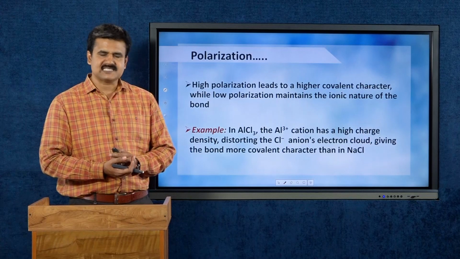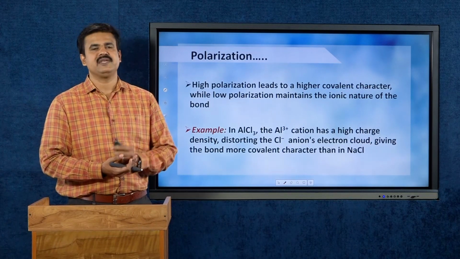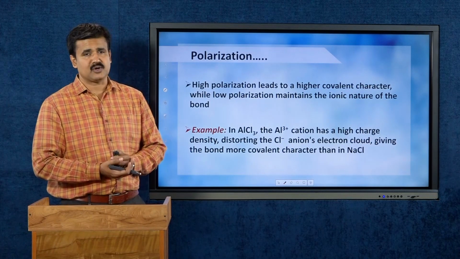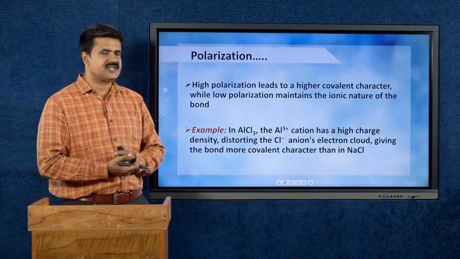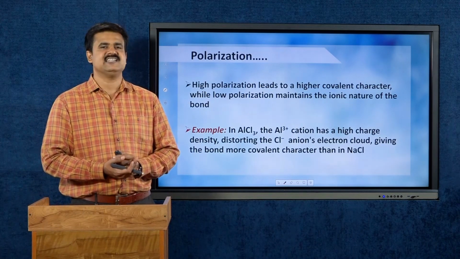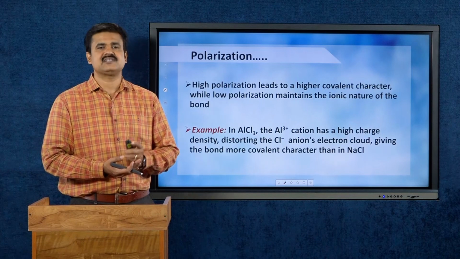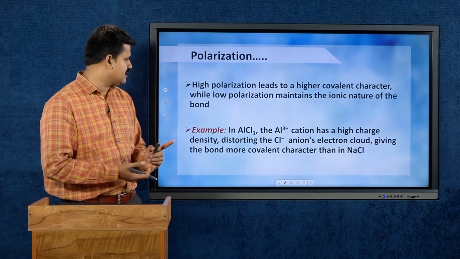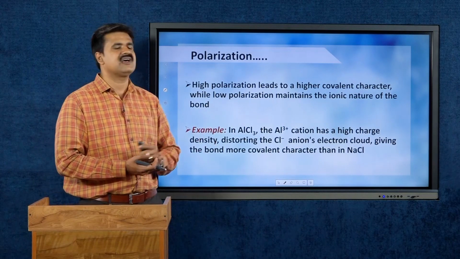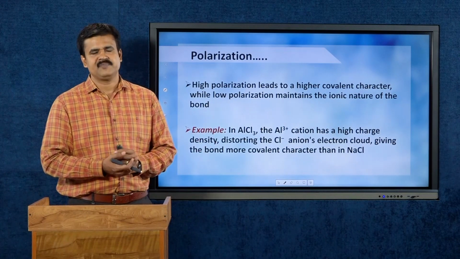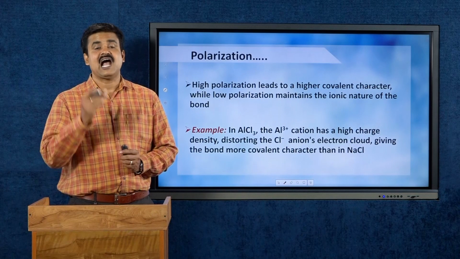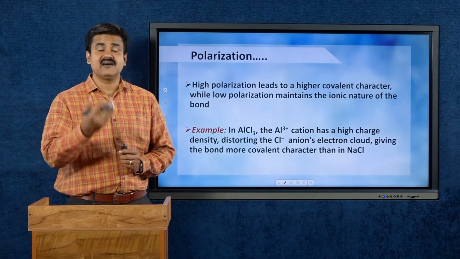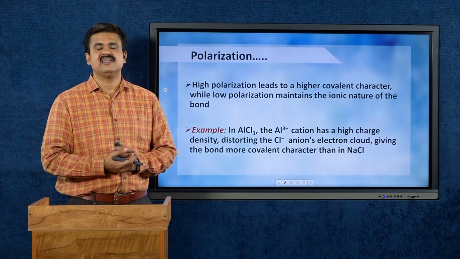This can be exemplified by taking aluminum chloride. In aluminum chloride, the Al3+ cation has high charge density, which distorts the Cl- anion's electron cloud, giving the bond more covalent character than NaCl. This example implies that aluminum chloride has more covalent character than NaCl.